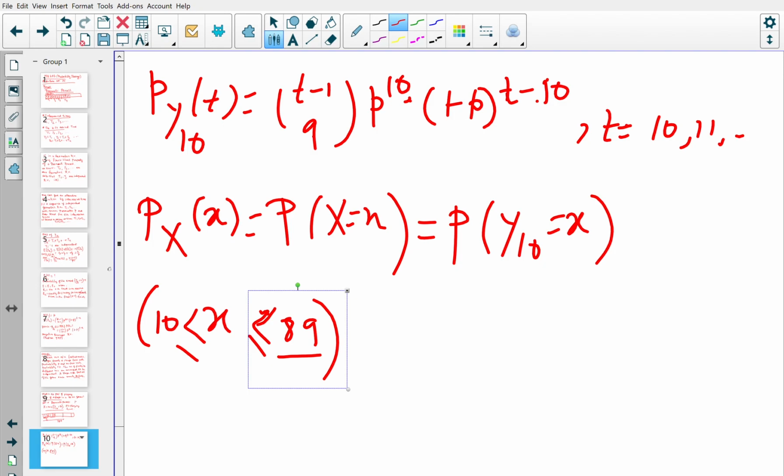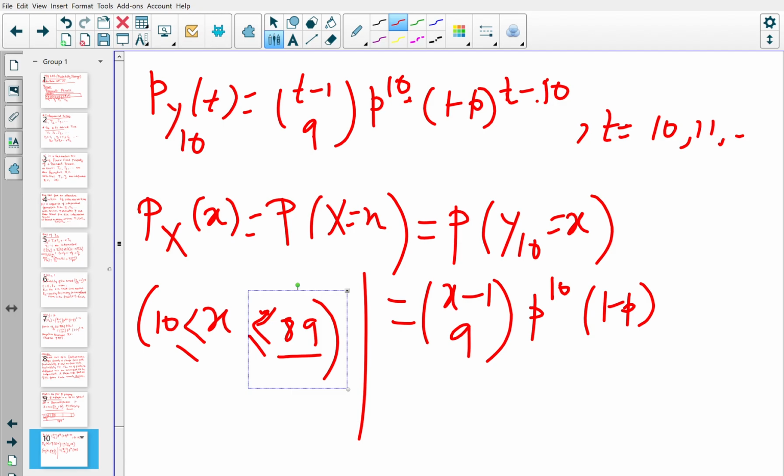If the person had the 10th foul at x minute, which is between 10 and 89, then he will go out, and that follows the above law of negative binomial distribution. It is x minus 1 choose 9, p to the power 10, times 1 minus p to the power x minus 10, and here x can be between 10 and 89.